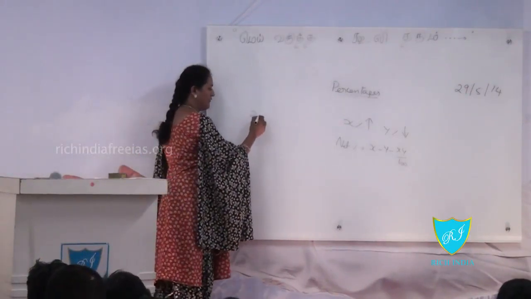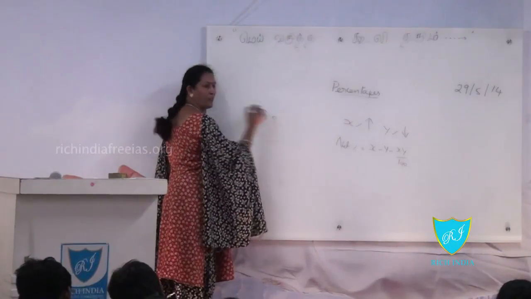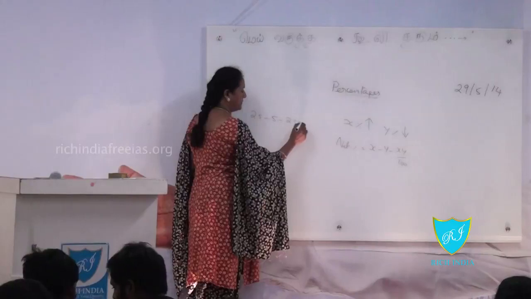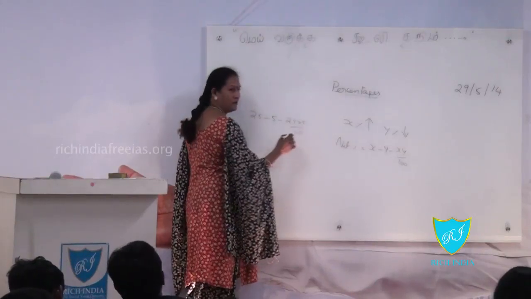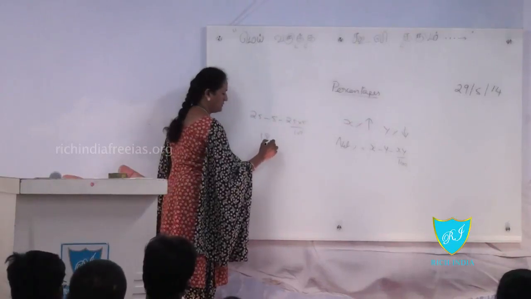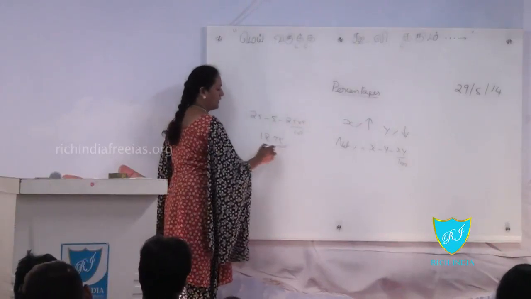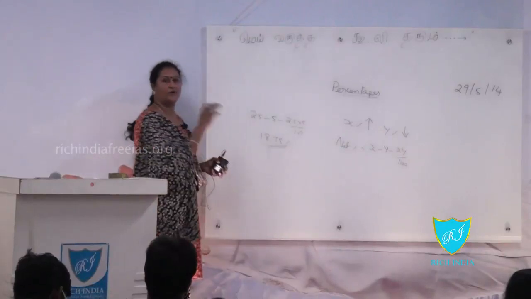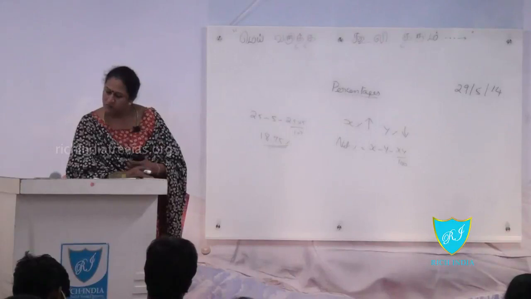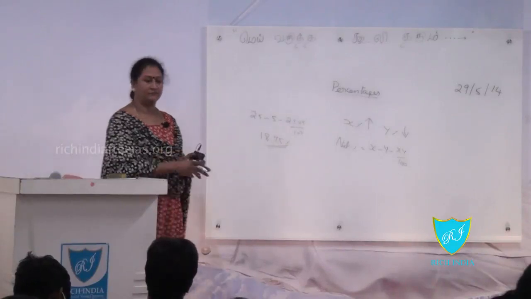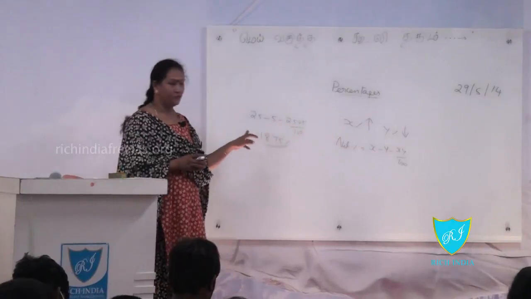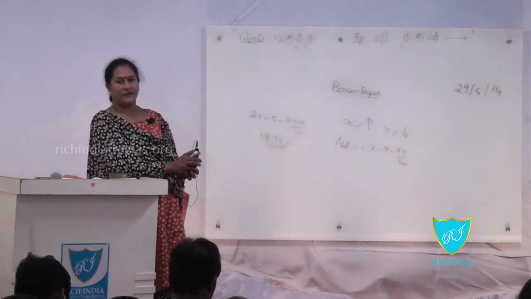It is a 25% increase, then a 5% decrease, and then minus 25 into 5 by 100. So 20 minus 1.25, it is 18.75 percent profit. This one is 1.25. So 20 minus 1.25 is 18.75.